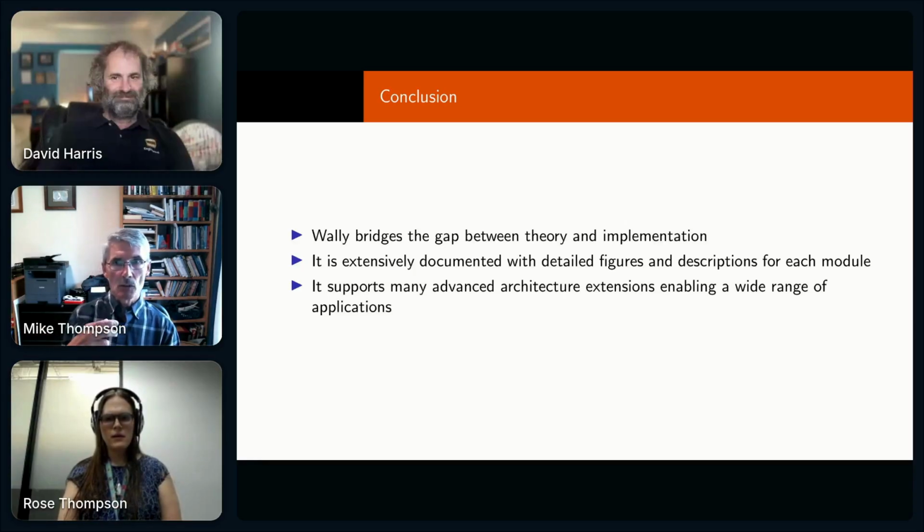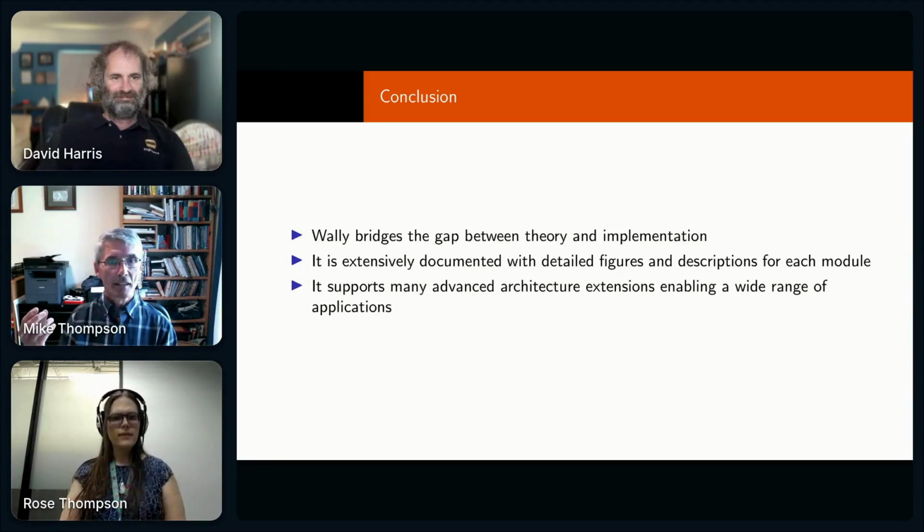But Wally is unique in that it implements an open standard. The source code is all open source, and there's a textbook now that explains why the architects and developers made certain choices. Like, why did you choose a branch predictor like this?